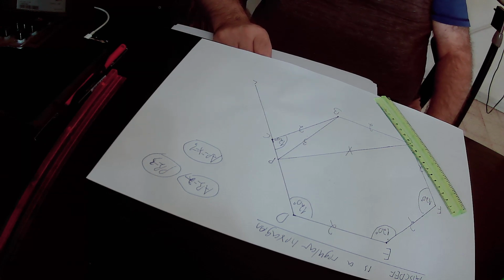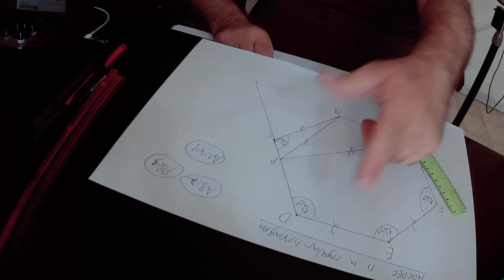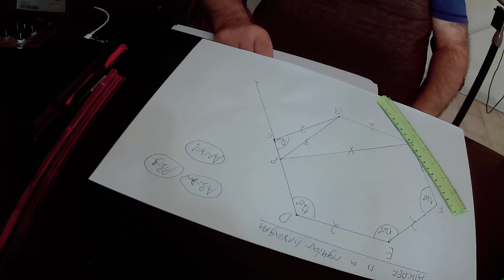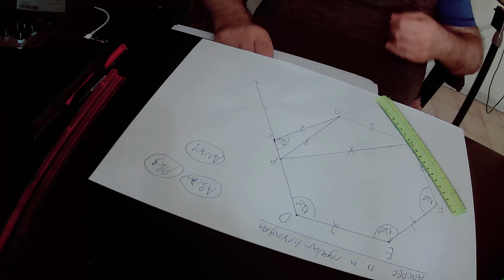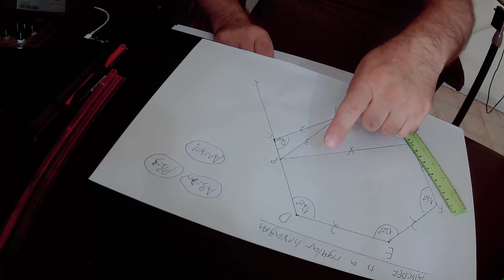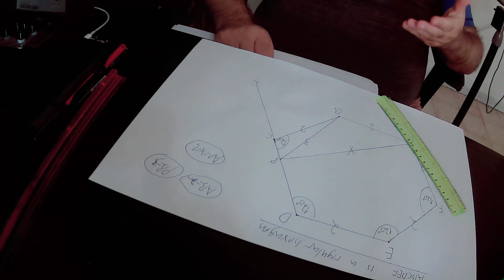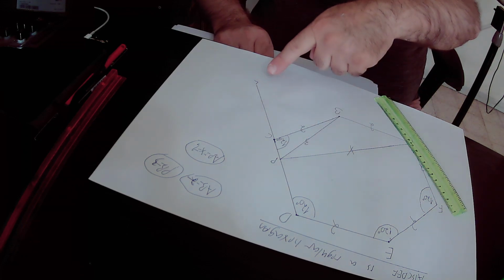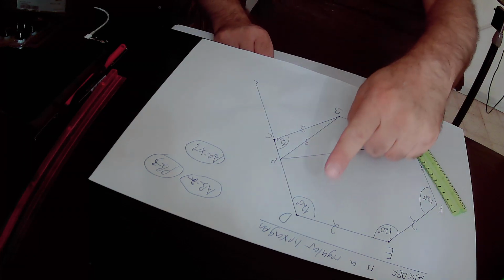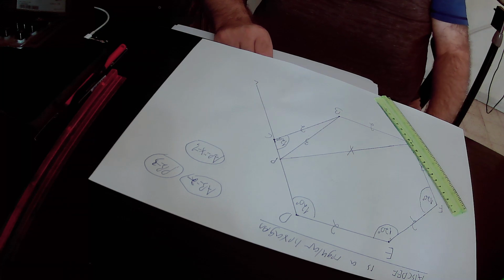DC is one side of this regular hexagon, and as the side of a regular hexagon, it is absolutely a straight line. And when you extend the straight line DC by a straight line, the result must be a straight line. So DL is a straight line.